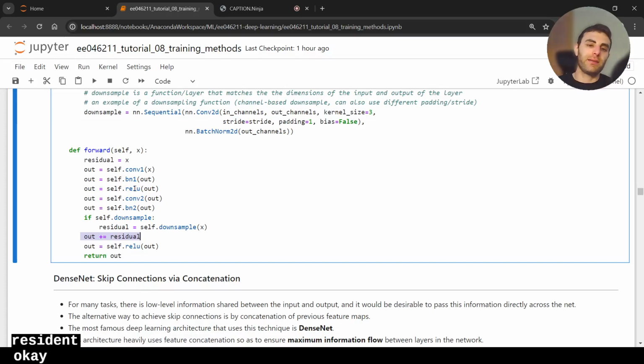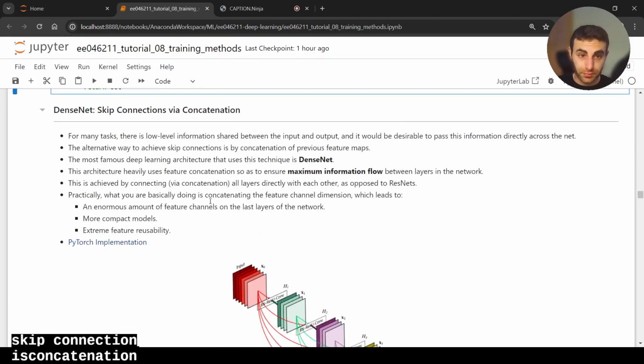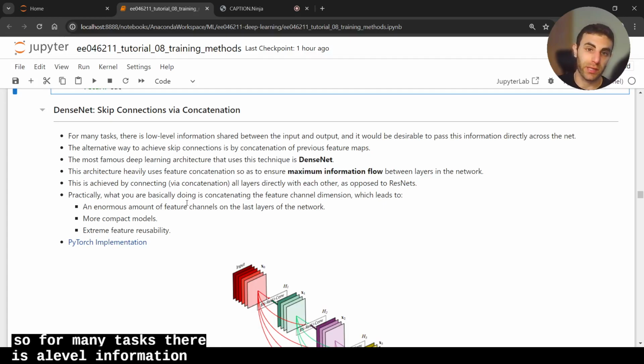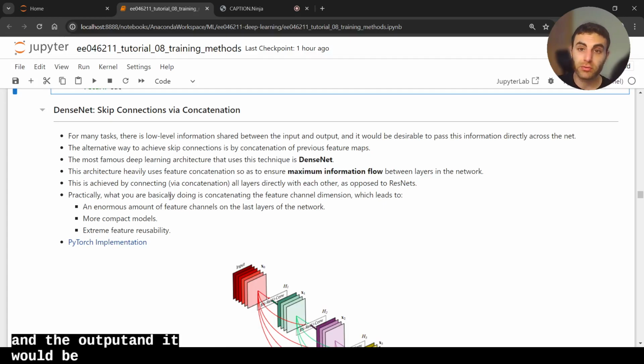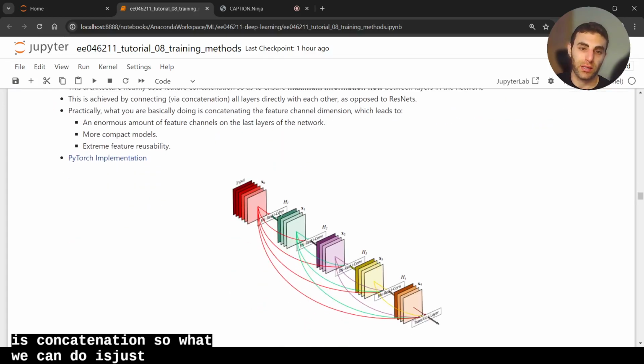Okay, the second type of skip connection is concatenation. For many tasks, there is low-level information shared between the input and the output, and it would be desirable to pass this information directly across the network. The alternative to addition is concatenation. What we can do is just concatenate every output to the input.